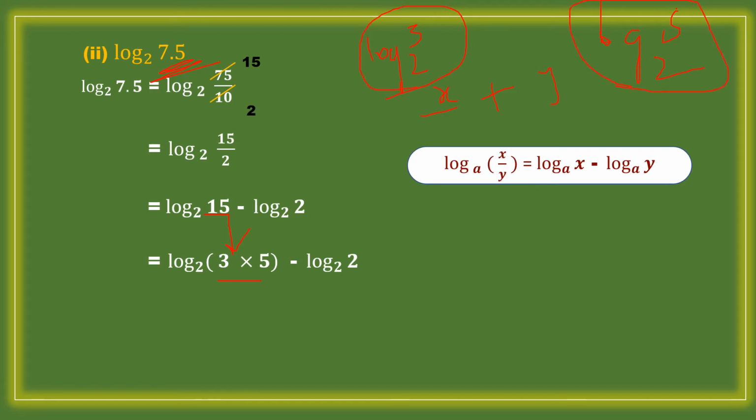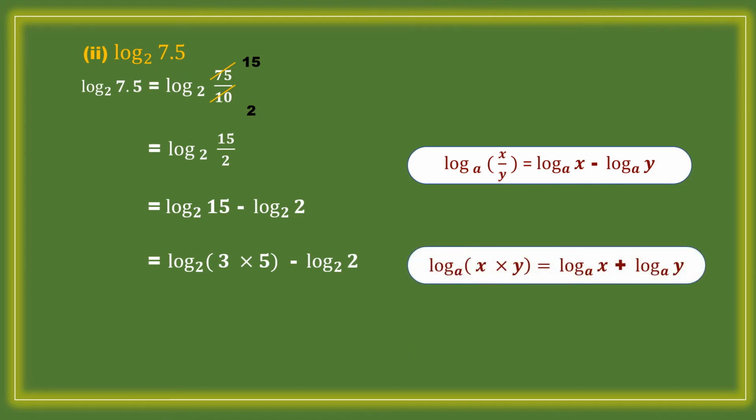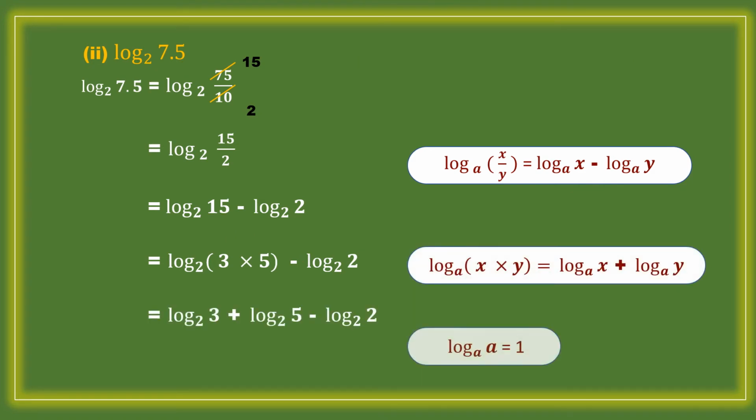So for that I wrote this 15 in terms of 3 and 5, and log 2 base 2 is equal to 1, right? We can use the formula log x into y as log x plus log y.